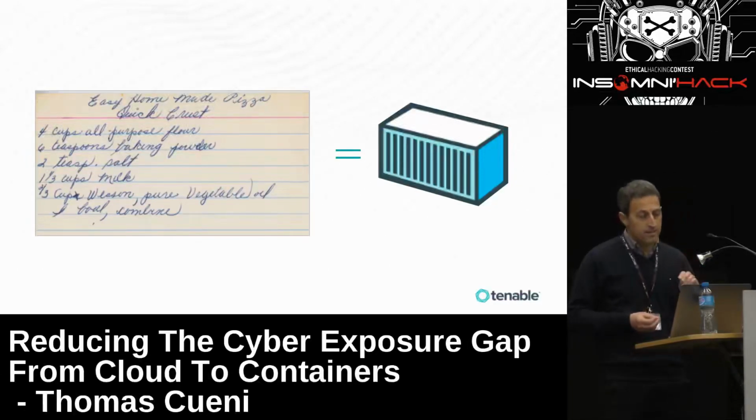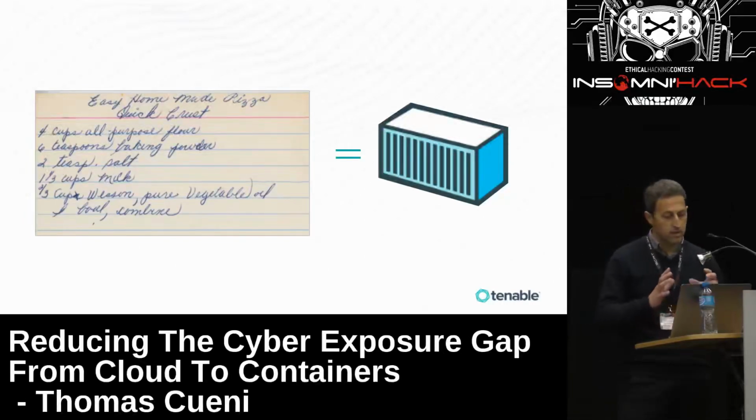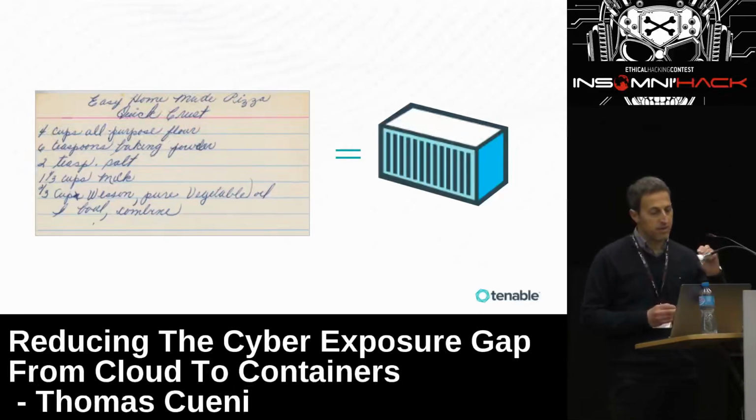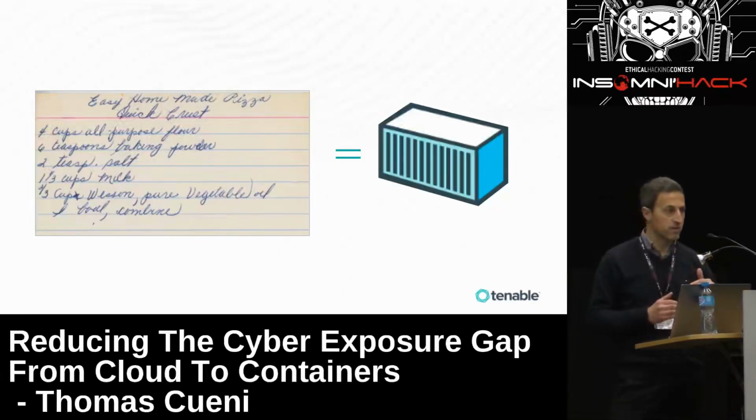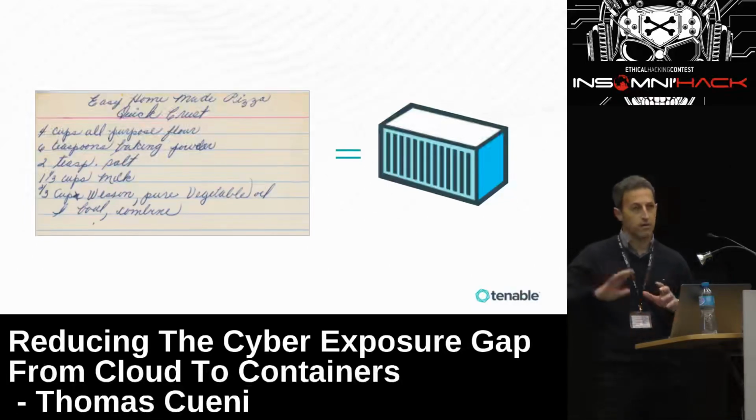And that's what we are going to do with vulnerability management. So we take the container image, we take the recipe by which all the containers are built, and we are going to test that step by step to see how this container image is built. And if we have done that test and we know that the recipe is good, then we can deploy that container into production 1,000 times, 10,000 times.